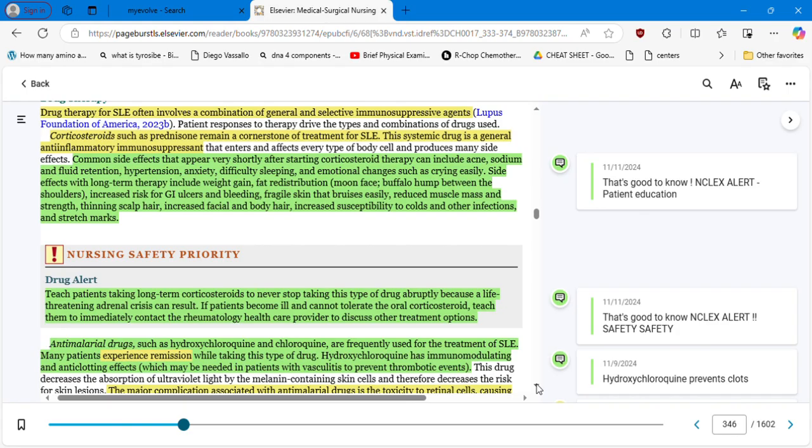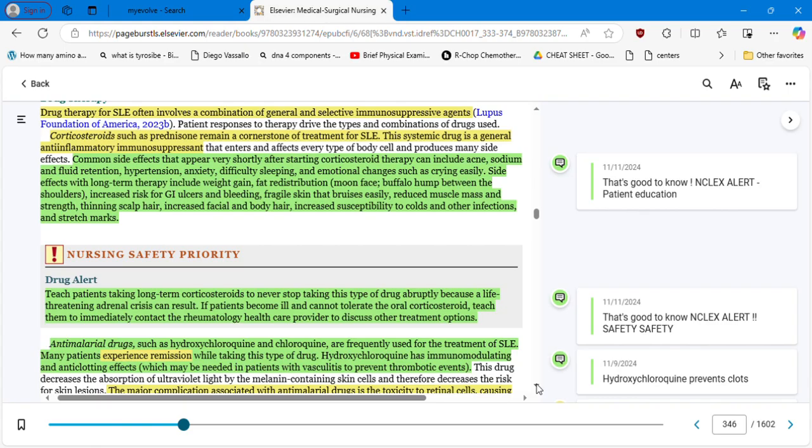And then side effects with long-term therapy of corticosteroids include weight gain, fat redistribution, the very common moon face, buffalo hump between the shoulders, increased risk for GI ulcers and bleeding, fragile skin that bruises easily, reduced muscle mass and strength, thinning scalp, increased facial and body hair, increased susceptibility to colds and other infections, and stretch marks.